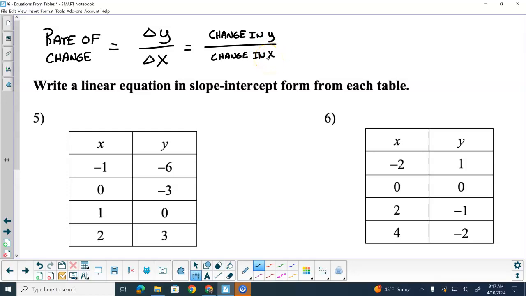Does anybody remember what we also called it? We called it the slope, because the slope is the rate of change.